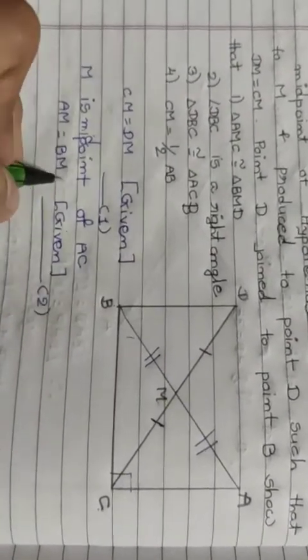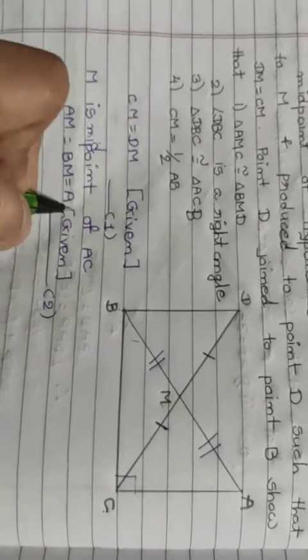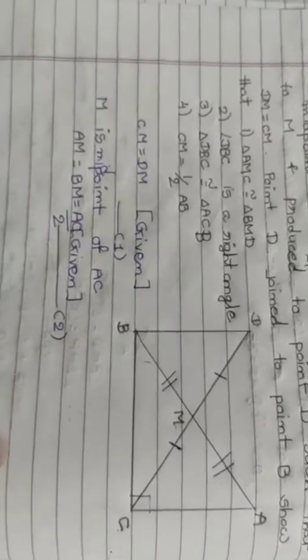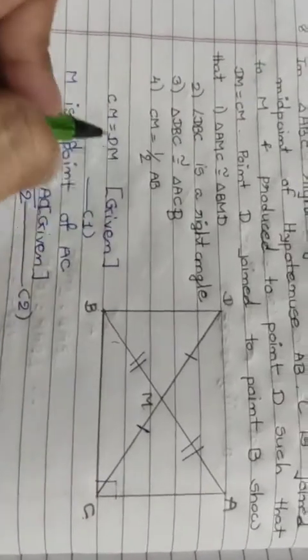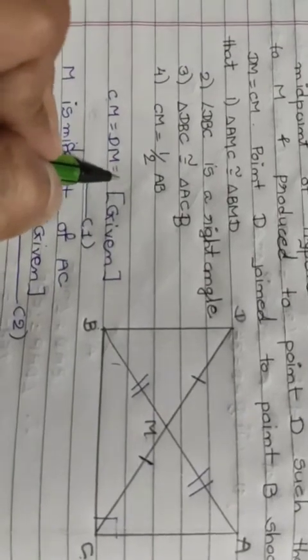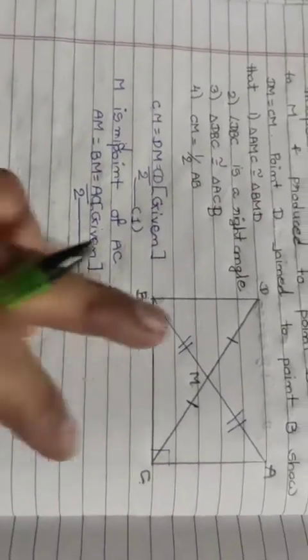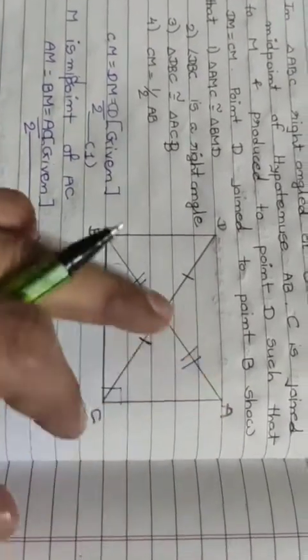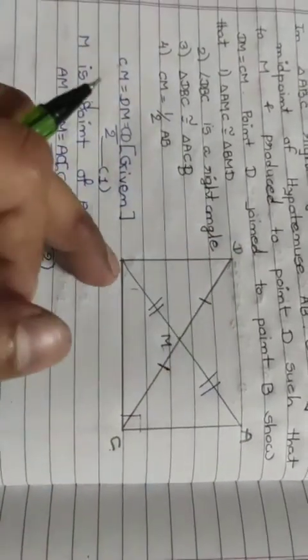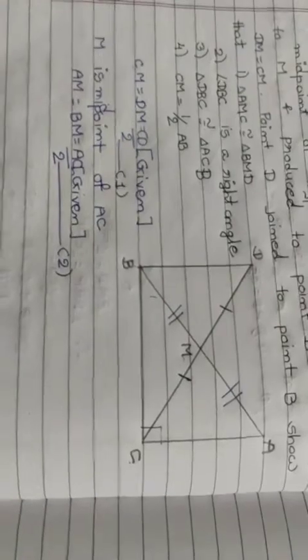And if M is the midpoint, then AM is AC by 2, and CM is equal to DM, so it is CD by 2. Am I right?